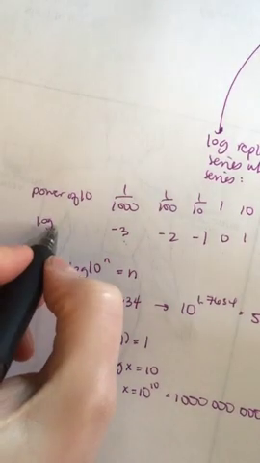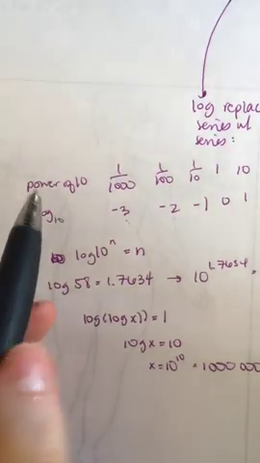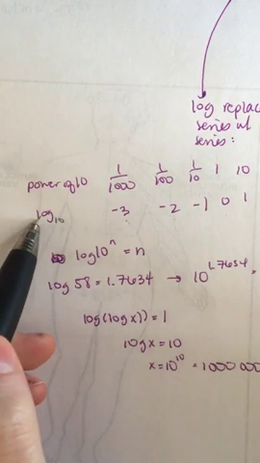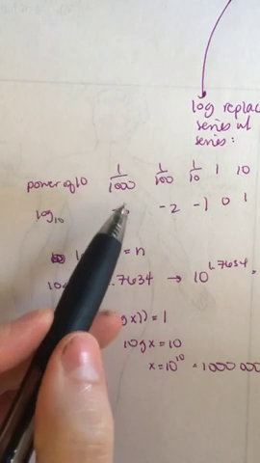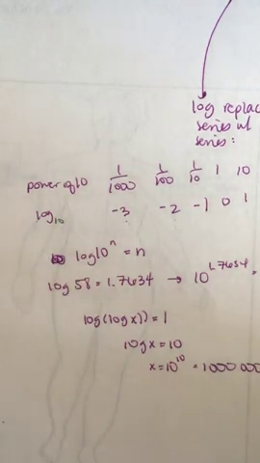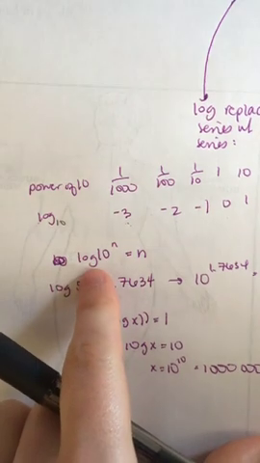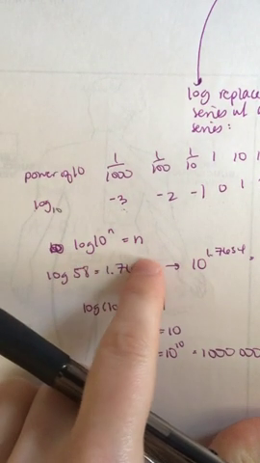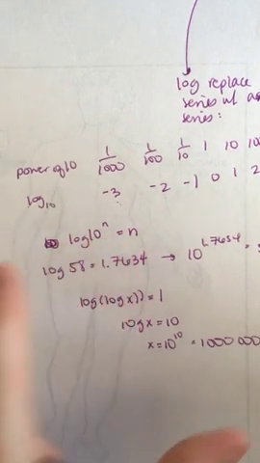So if I have a log base 10, I can change the power of 10 to log base 10, and now it's geometric to arithmetic, and it's a lot simpler to work with because it's just differences and not a different ratio. So in this case, log base 10 of n is 10 to the nth power.